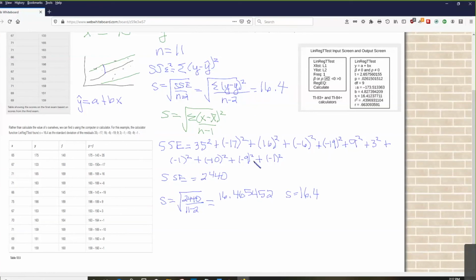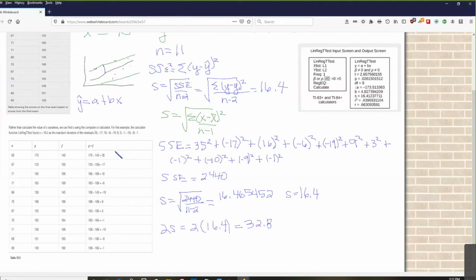Okay, so now that we have our standard deviation, we're going to multiply that by 2 to get 2 standard deviations away. So 2 times 16.4 equals 32.8. So now I'm looking for any score that is going to be plus or minus 32.8.